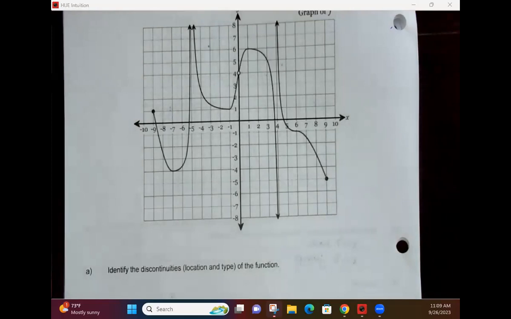Make sure you're giving me x equals and then the number when we have any of those discontinuities. We have to say the location. Say where they're at.